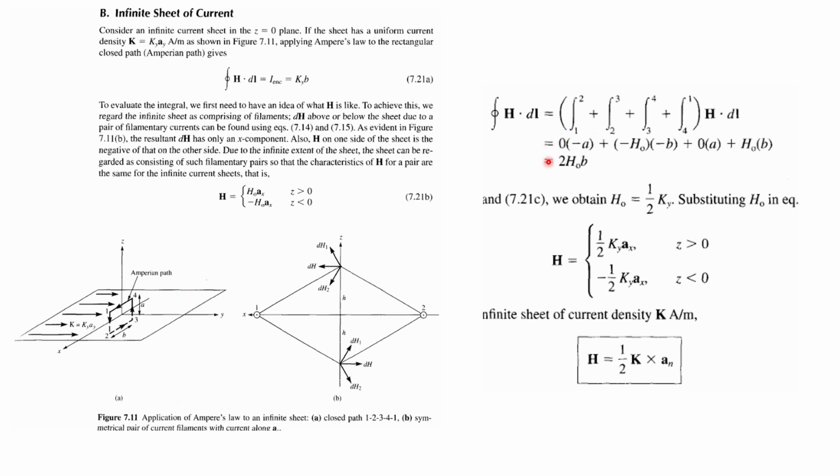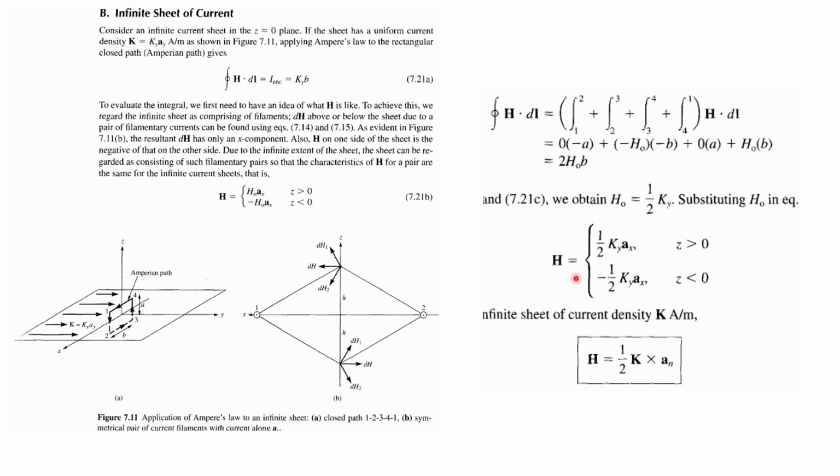So 0, why? Because vertically there is no current, current is passing horizontally, so that is why 0. Then for 2 to 3, current is passing through this region, so that will be H into minus b length. Then the third one again has no current passing in this region, so 0. Then in this direction we are coming, so now it will be plus, H dot b, the length is the same. So in total, ∮H·dl is twice H b.